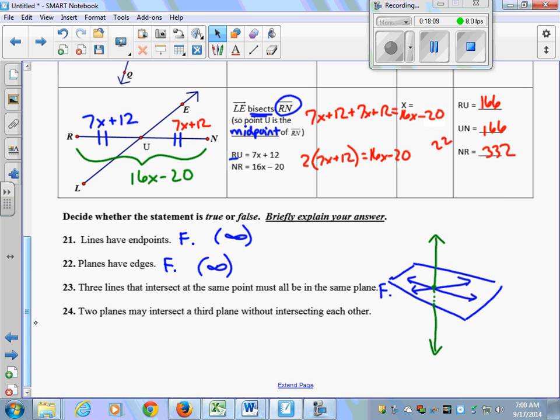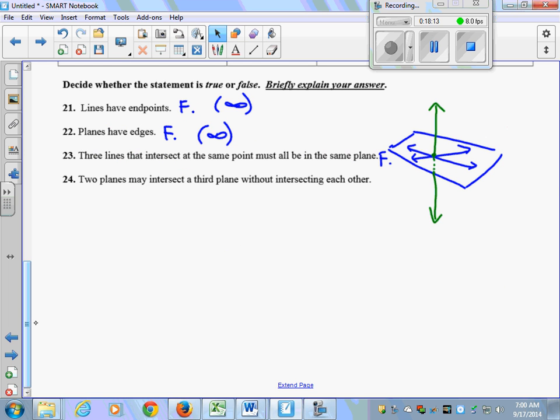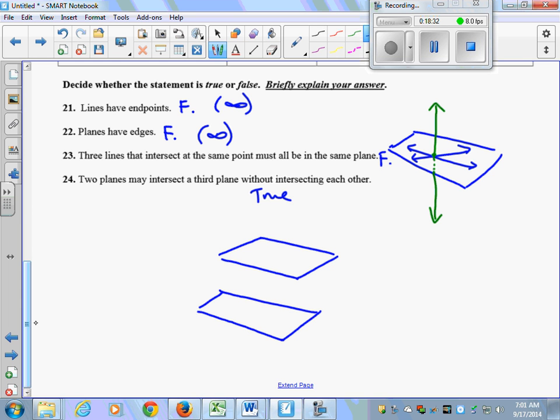Okay? And 2 planes may intersect a third plane without intersecting each other. That is false also. Oops, sorry. 2 planes may intersect a third plane without intersecting each other. Actually, that's true, because you could have a plane like this and a parallel plane.